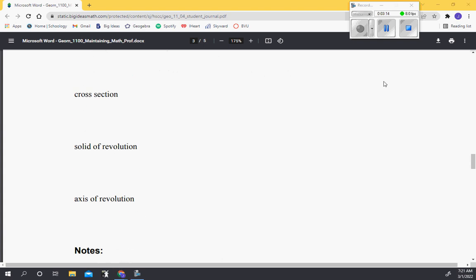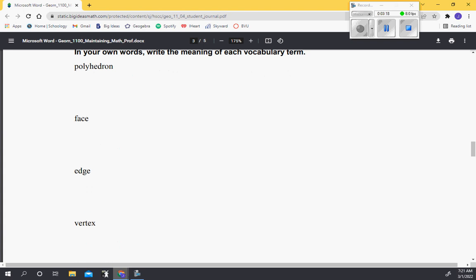Before we get into these next definitions, just with these first four, I want to draw a polyhedron, and then show you the vertex, the edge, and the face. If we had, oh, this is a bad drawing start. Sorry, hold on. Okay. Yeah, there's a trapezoid.